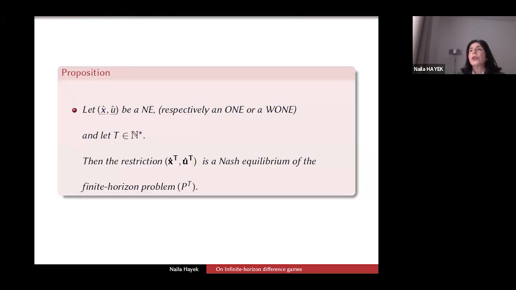So I have a proposition that will allow me to continue by using the reduced problem.